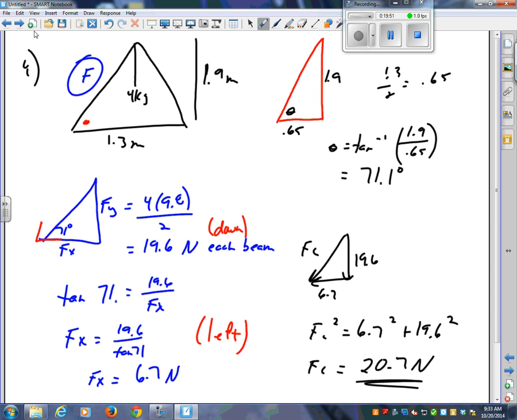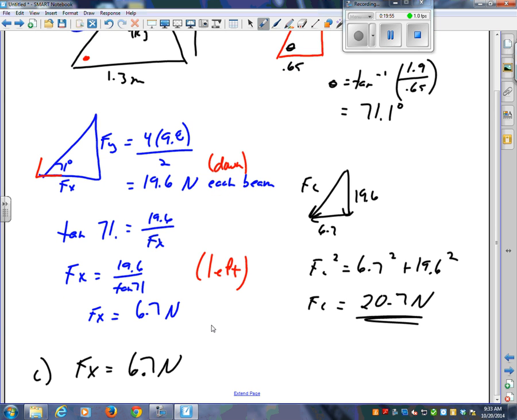C says, what additional vertical compression is exerted on the bricks under the beams? Additional. Oh, I guess, would it be the weight of the beams as well? I think it's just a word.